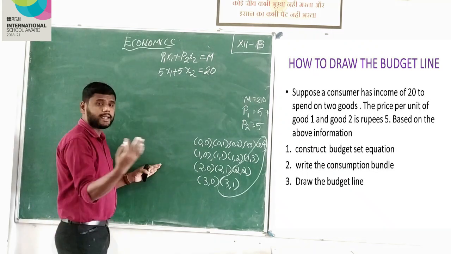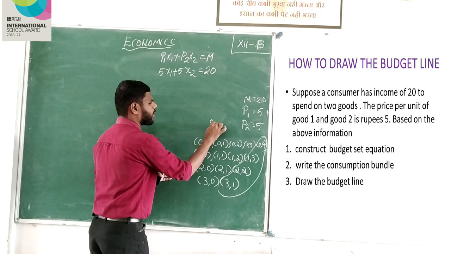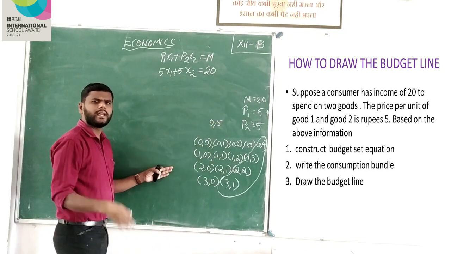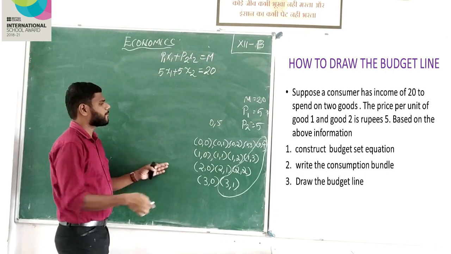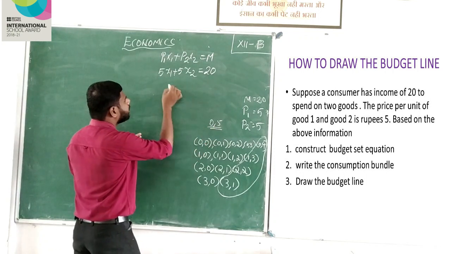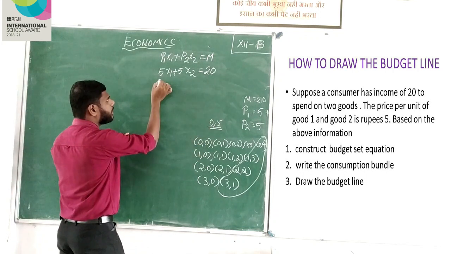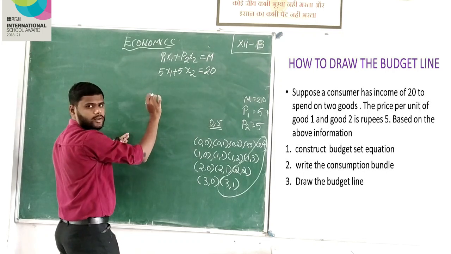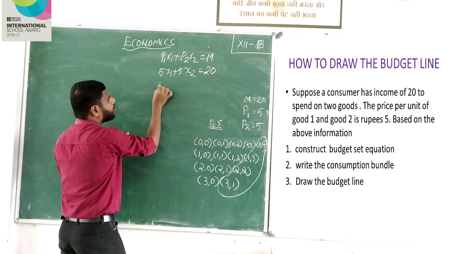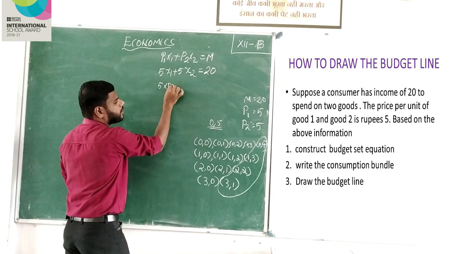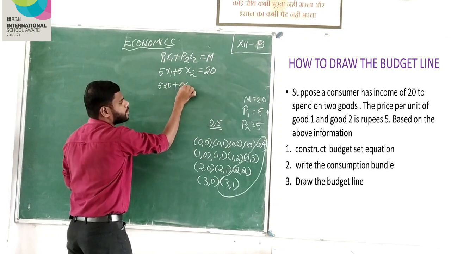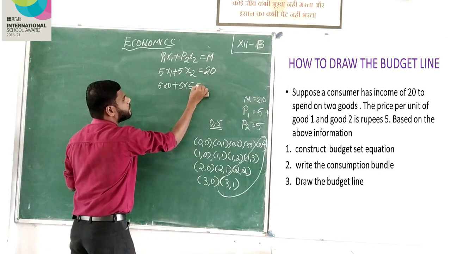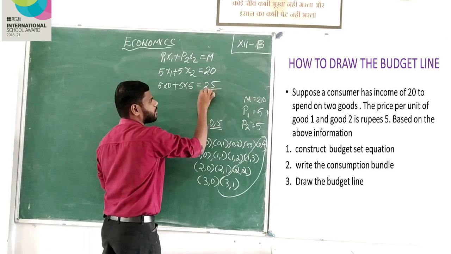Now you may be thinking, why is 0, 5 not possible? If he is purchasing 0, 5, what will happen? We will check by applying it into this equation: 5 into 0, that is x1 is 0, plus 5 into 5 is equal to 25.